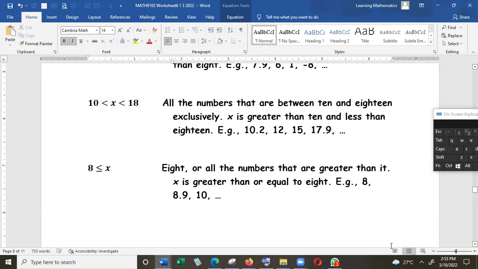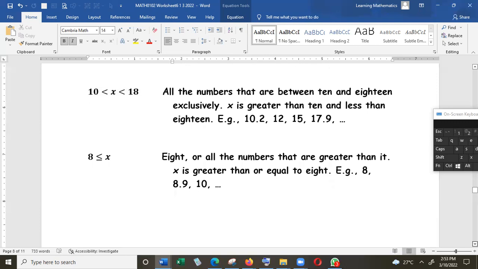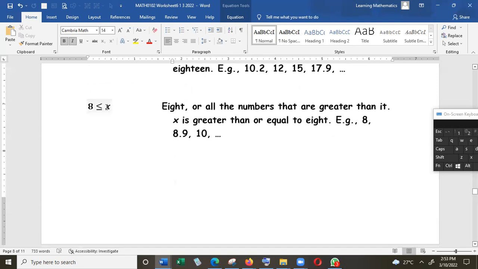When you come here, you see the X, you see X is greater than or equal to 8. All the numbers that are greater than or equal to 8.